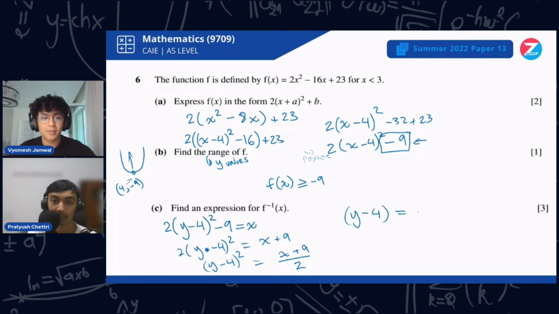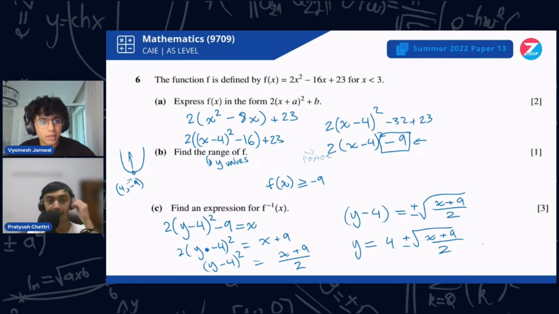And then remember the plus minus. And then just add +4 on both sides to make it in terms of y. And there we go. That should be the inverse function of the function f.